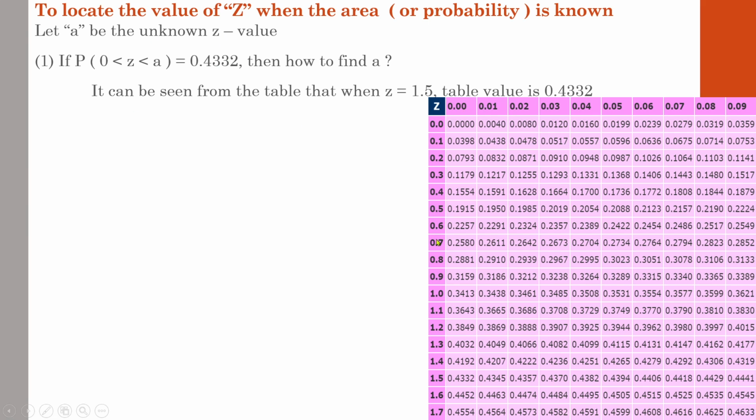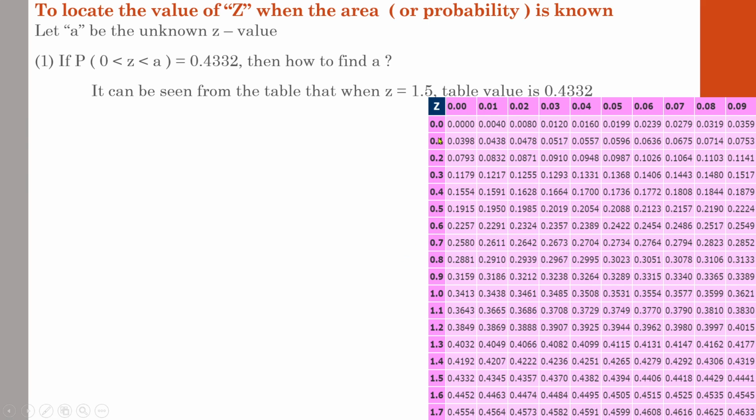So this is the exact type of the table. Here you need to look for the value 0.4332. Don't go for the first column or the first row, because you will never get the value there. You are going to find the values at the intersection of row as well as column.